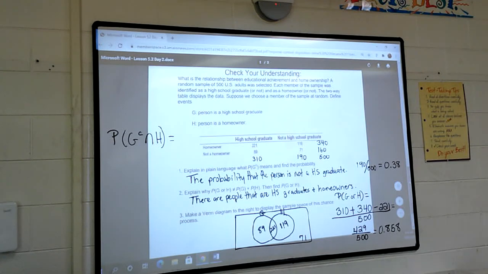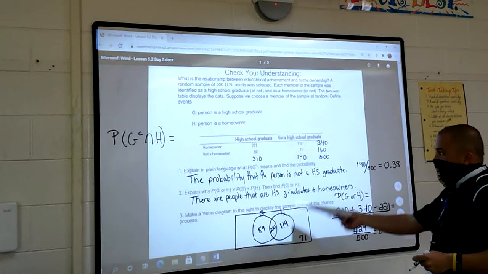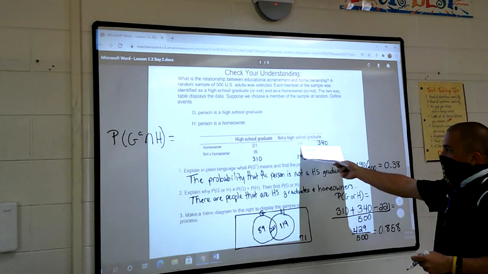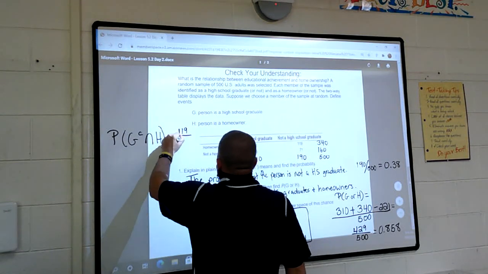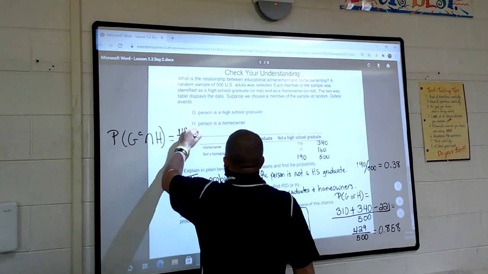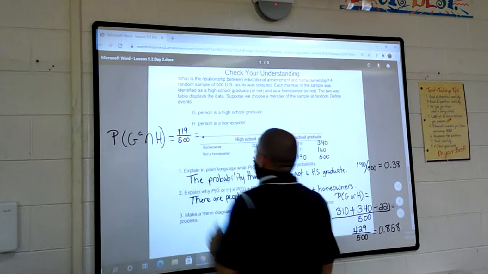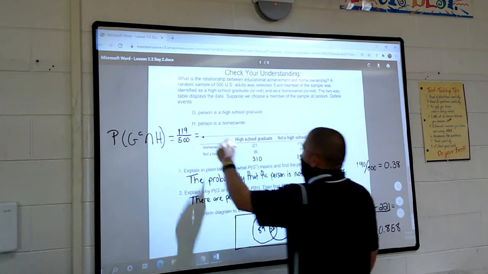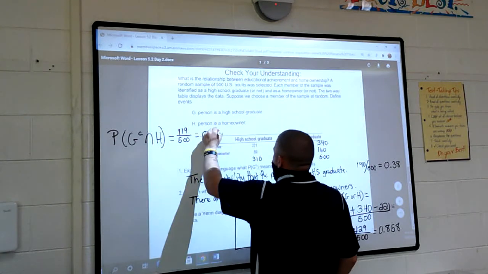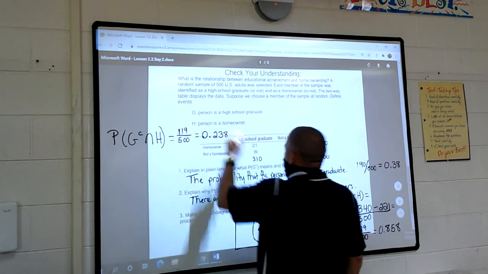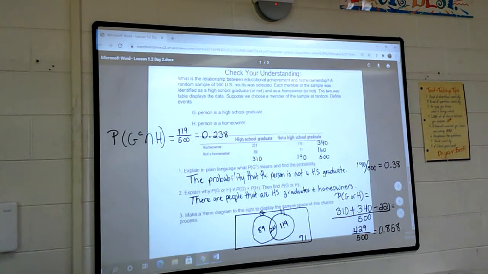That's in there. So that's 119 out of 500, which is going to give us 0.238. So almost 24% are not high school graduates, but they are homeowners.